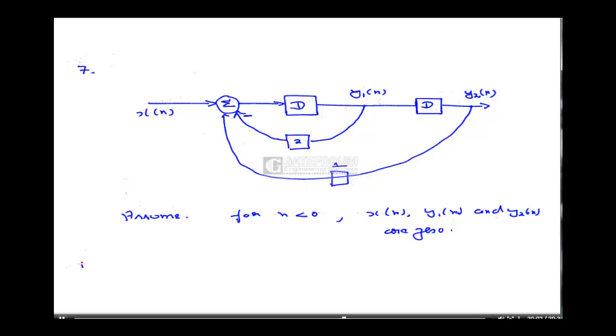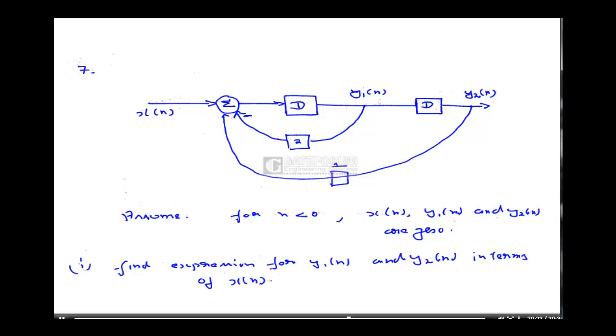The first question is to find the expressions for y1[n] and y2[n] in terms of x. This was the first question. Another question is also there; we will see that afterwards. First we will solve this one, so we will solve the first part.